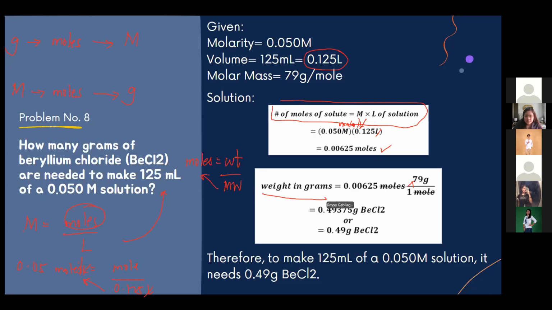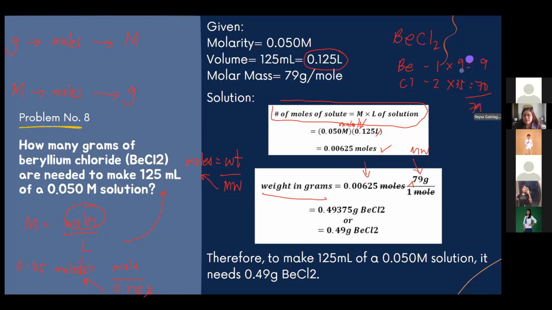So this is the moles here, and then this one is the molecular weight. So hindi lang napakita, but yes, molecular weight is 79 grams. You have beryllium chloride there. So this is Be 1, ang chlorine is 2 times 35, this is 70. This is 9 here.